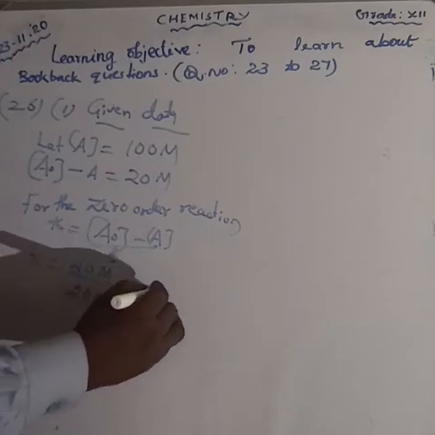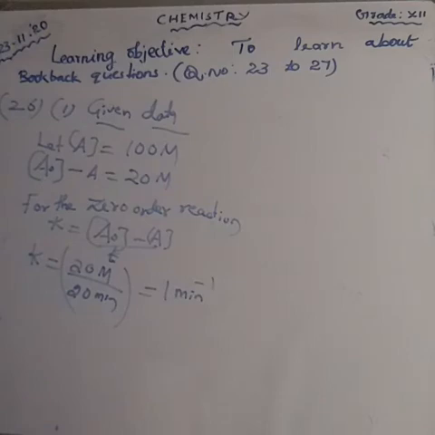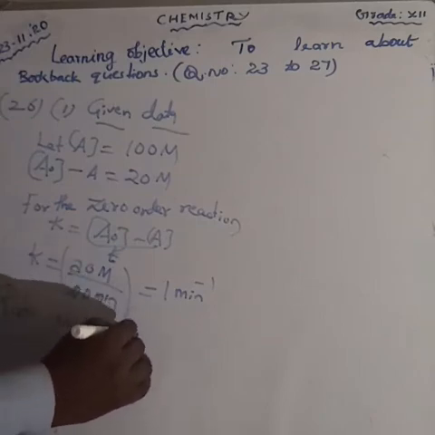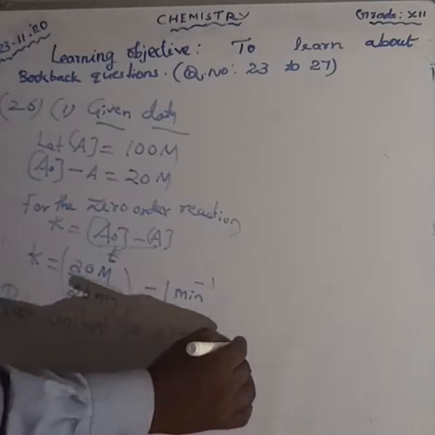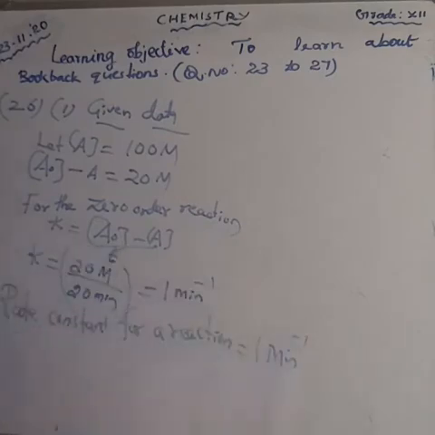That is equal to 1 per minute. So the rate constant for the reaction is 1 minute inverse. This is the first step.